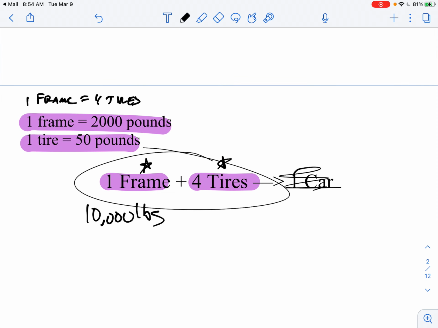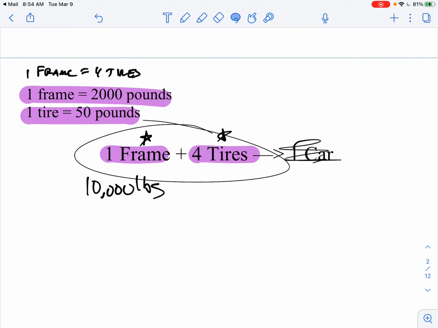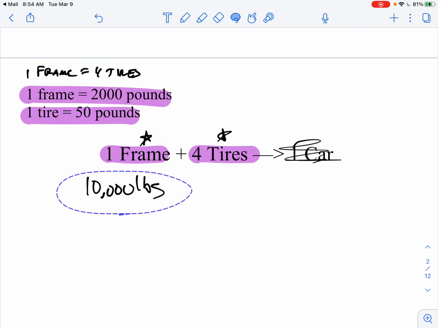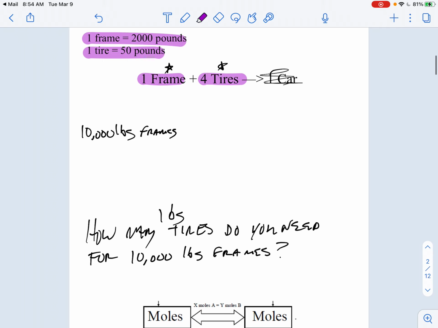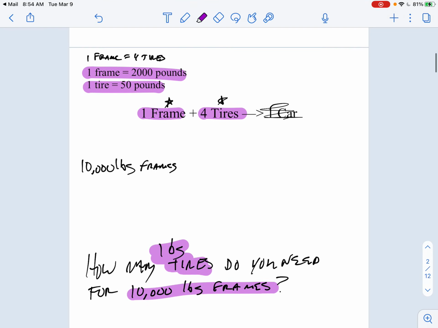I don't care about the cars because they're not in this particular problem. So now what do I do? Well, I start with 10,000 pounds of frames, because the question says I have 10,000 pounds of frames, and I want to know pounds of tires.